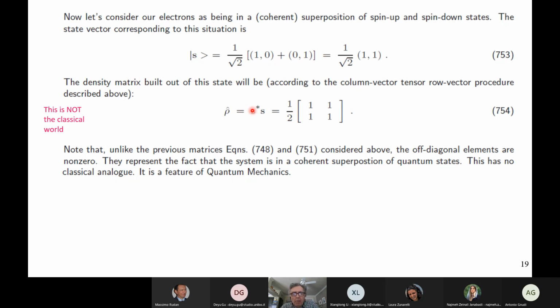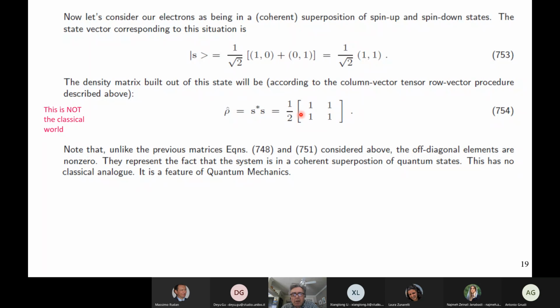So in this case, if I form the density matrix out of these two states, spin up and spin down, as a superposition, I get this expression. This now has diagonal terms, which tell me the probability of finding the system in a given spin state, but also has off-diagonal terms, which tell me that there is an equal probability of finding the system in a linear superposition of spin up-down or spin down-up states, which are the same because of the way I've described it.